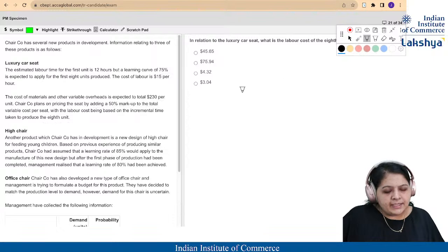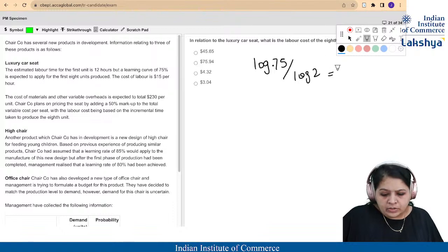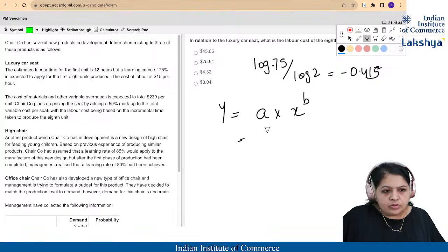So if you're using the Excel sheet, it is going to be the value of log 75 divided by log 2, which is going to be minus 0.415. Right? Now you need to put it into the formula. So it is going to be y is equal to a multiplied by x raised to b, where the a value is going to be 12 hours multiplied by 8.